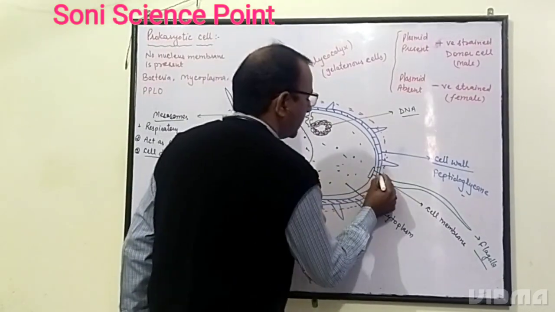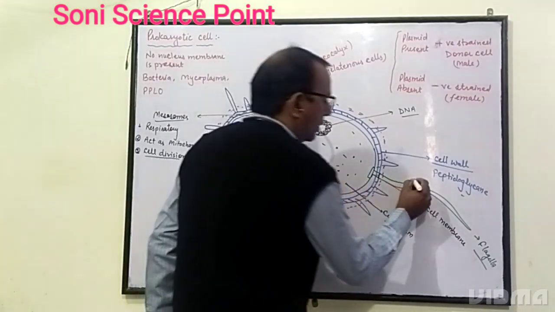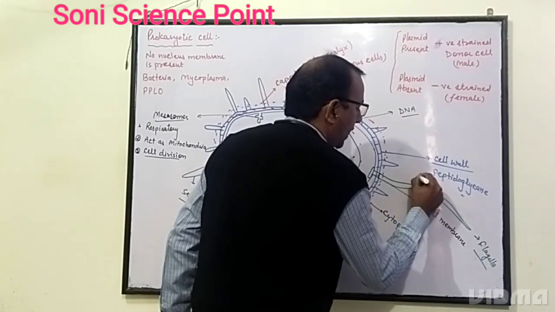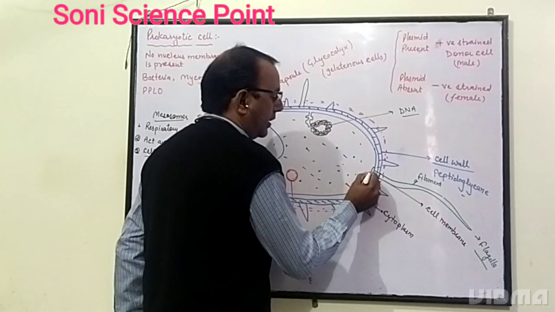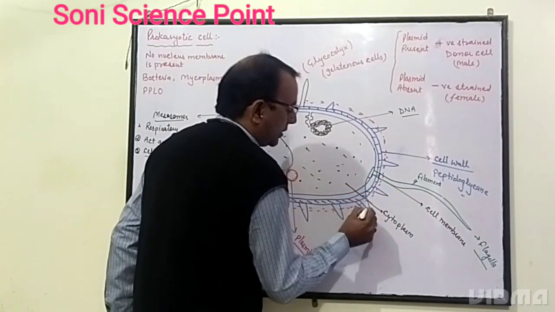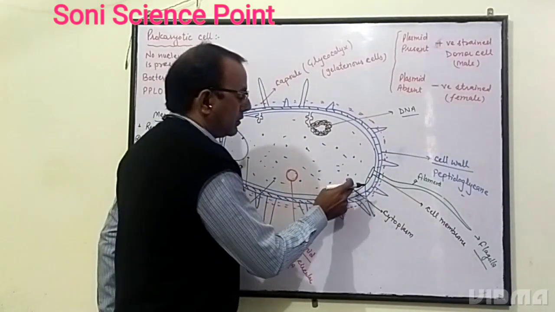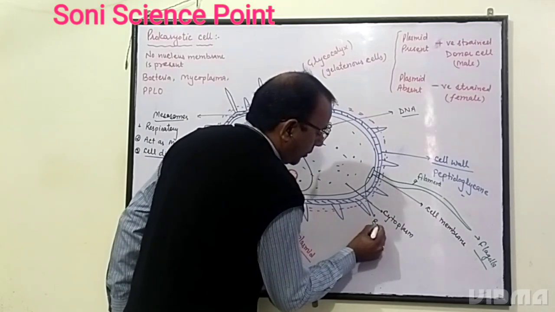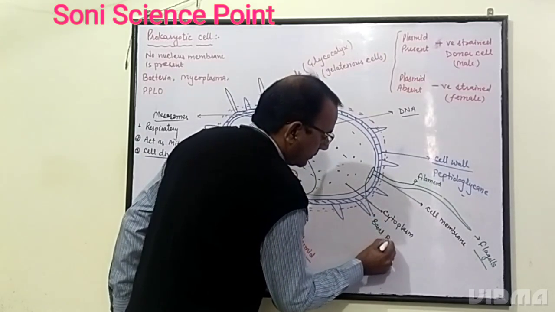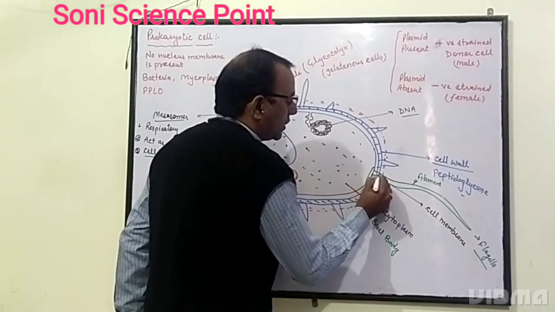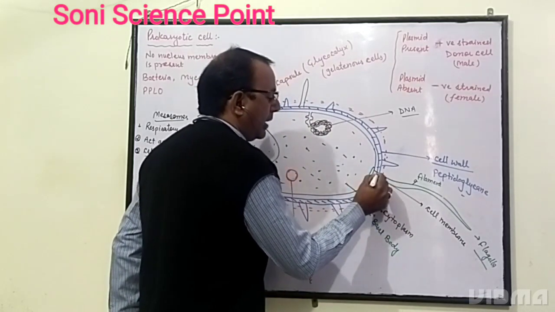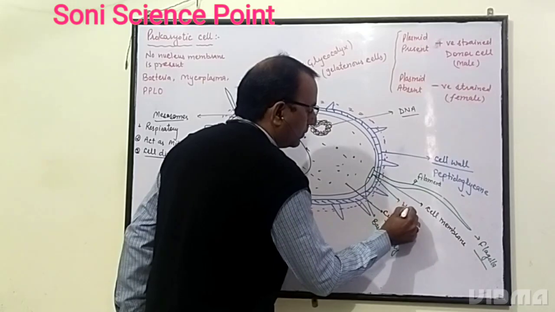This flagella contains three parts. The long ribbon-like structure is called the filament, and the attachment structure with the cell membrane is called the basal body, and the rings present between the basal body and filament are called the hook.